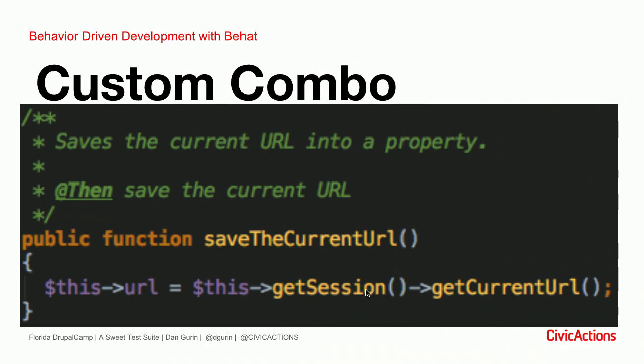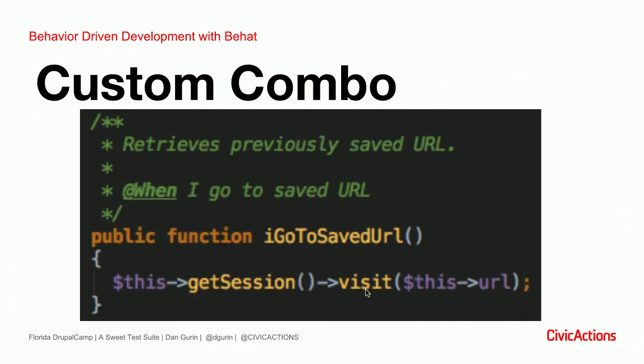And here's a combination where we're using this to store the URL property in the object. So we get the current URL and save it to this URL, so we can come back to it at a later time.